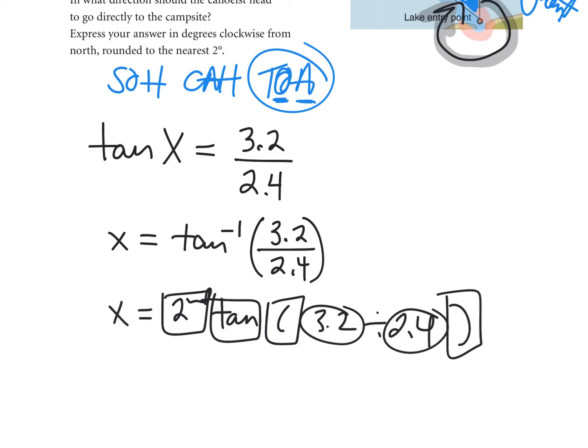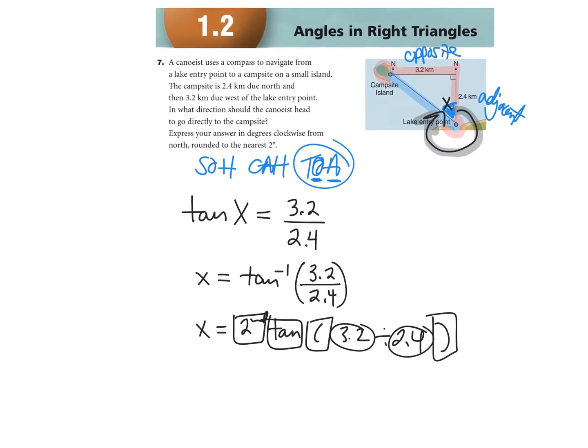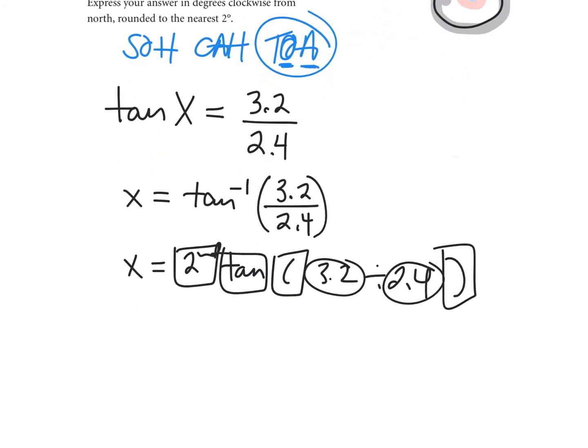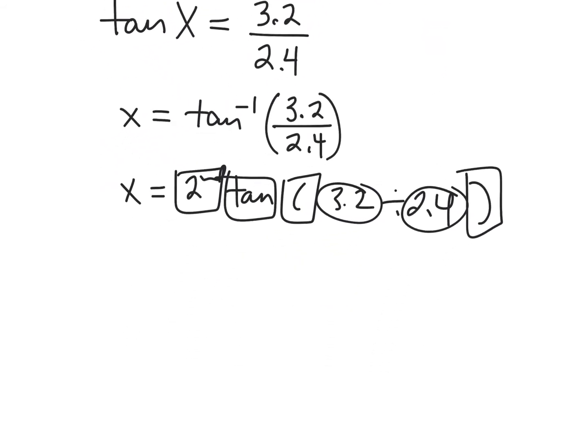So second tan, left bracket, 3.2, let's make sure those are correct, 3.2 and 2.4, yeah, opposite over adjacent. So 3.2 divided by 2.4, close the brackets, press equals, and we get an angle of 53.13... because it continues.